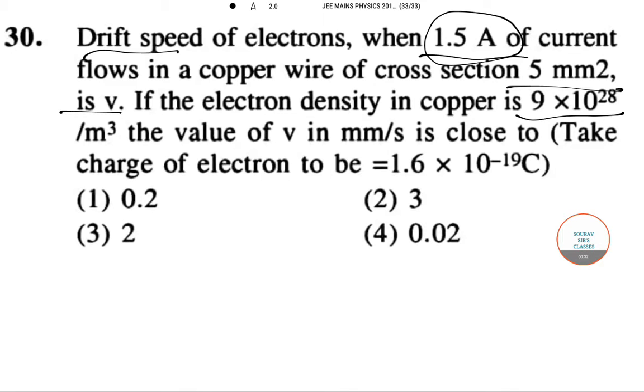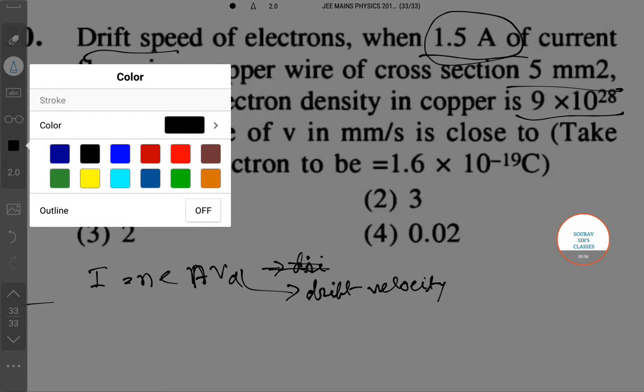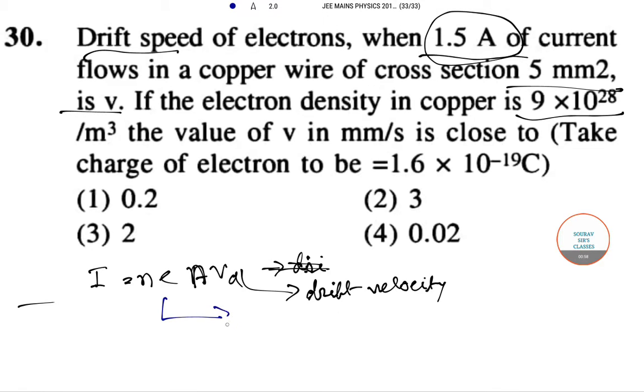So, I equals NEA times VD. This VD is the drift velocity, and E is the charge of electron.